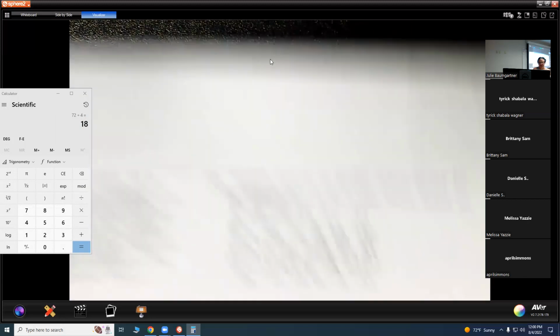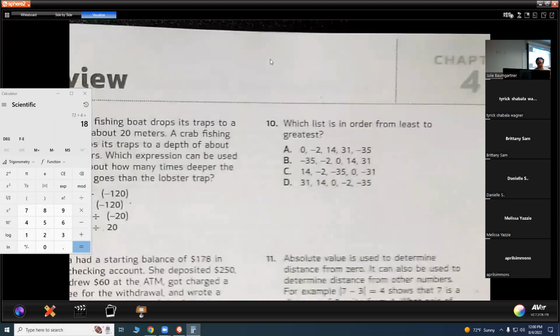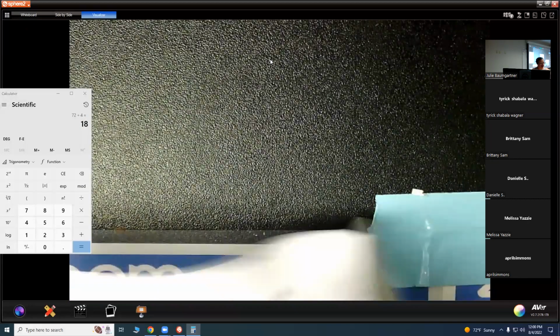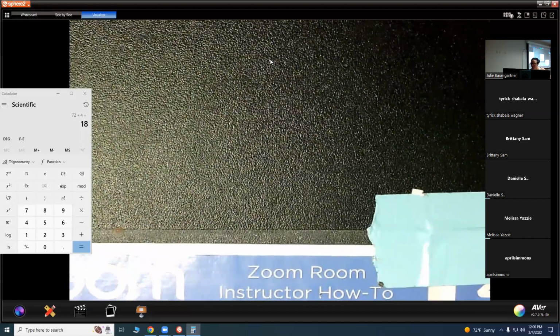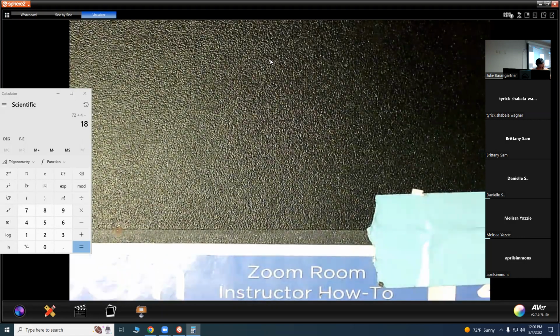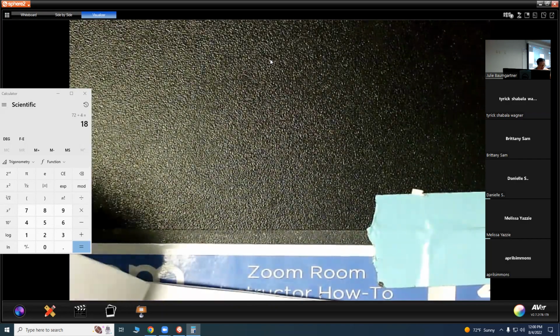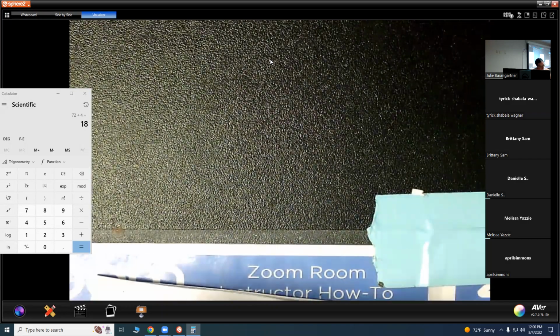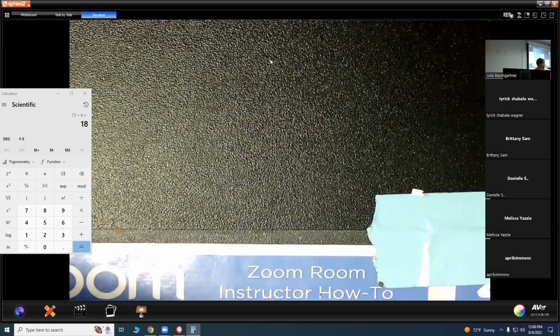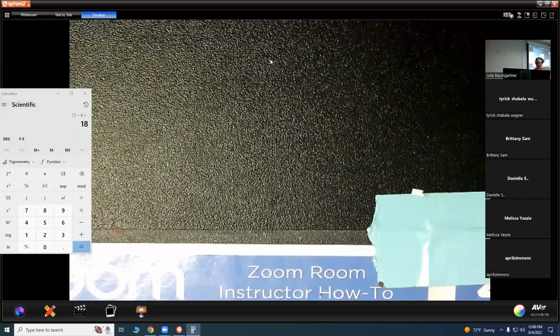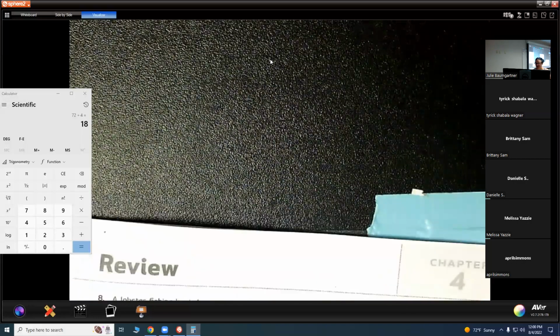It says review chapter 4 on the first page, but we actually wanted to start on chapter 5. You might not have these materials because they're new just for today, but we were on page 137 and got as far as page 140, and then we'll continue from there next Thursday. Does that make sense?